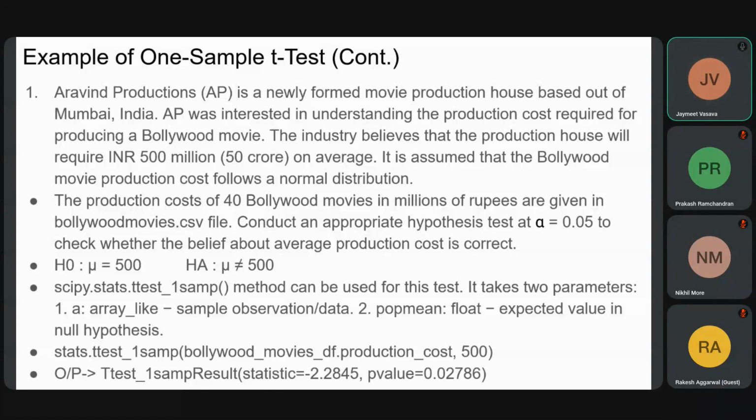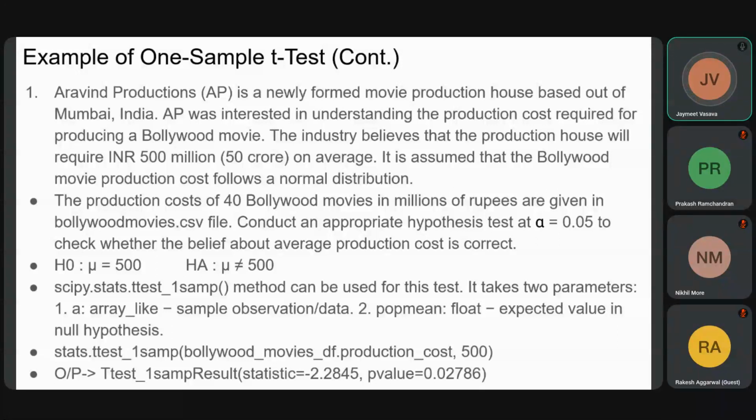The new example states that to make a Bollywood movie, we require 500 million, or 50 crore, on average. We'll use a dataset which contains the production cost of 40 Bollywood movies in millions of rupees and conduct a hypothesis test. We'll be using the value of alpha as 0.05 as well.